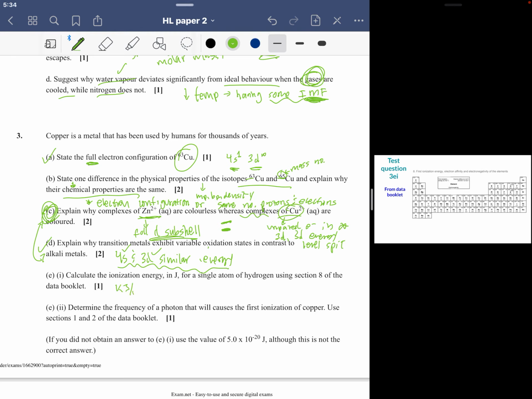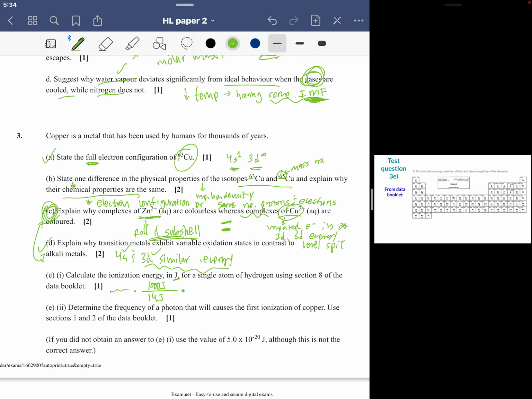if I'm in kilojoules per mole and I need to get into a single atom, whatever number I have, I can pretty easily convert to joules. So multiply that number, 1 kilojoule, 1,000 joules.